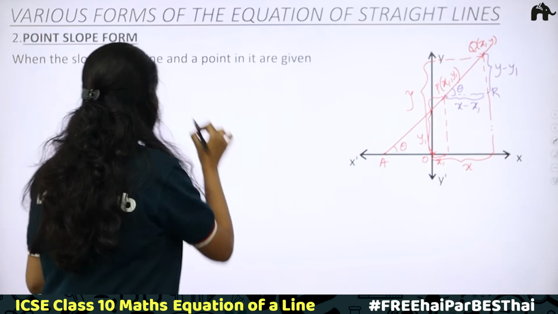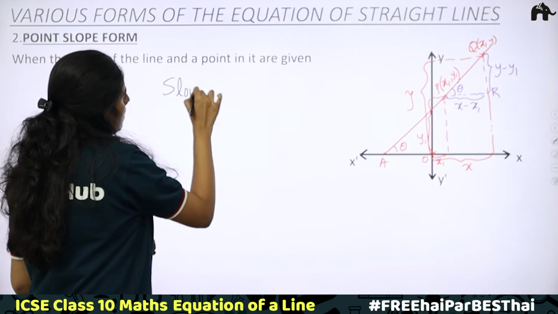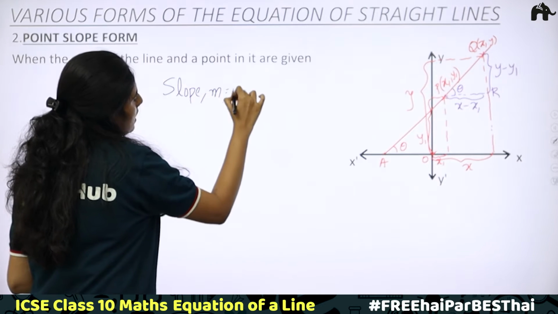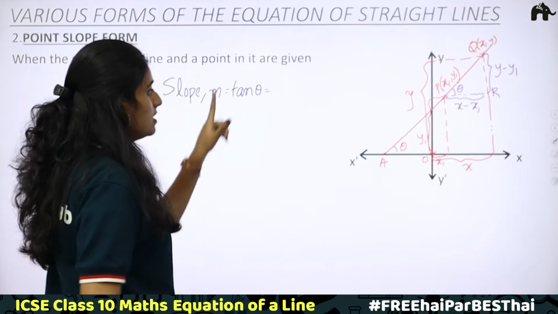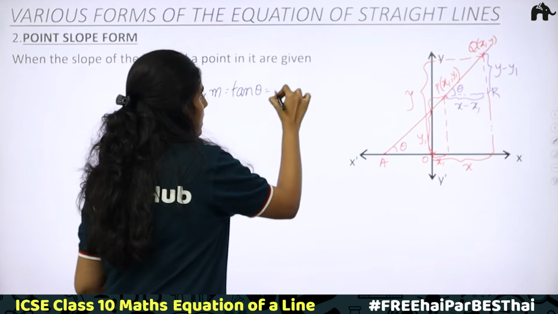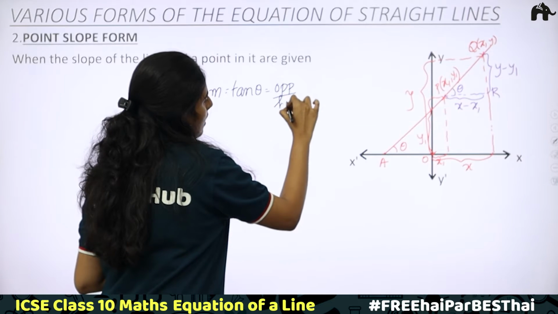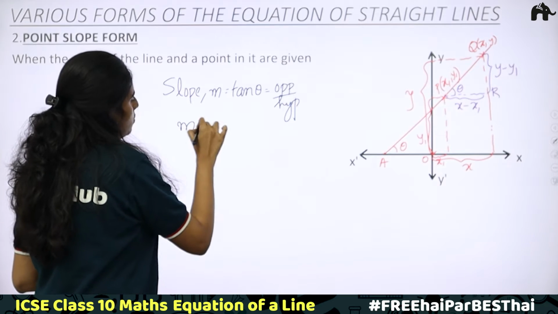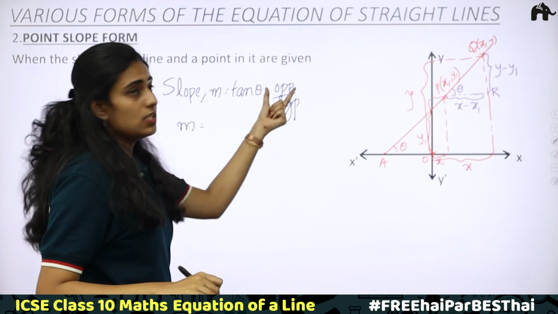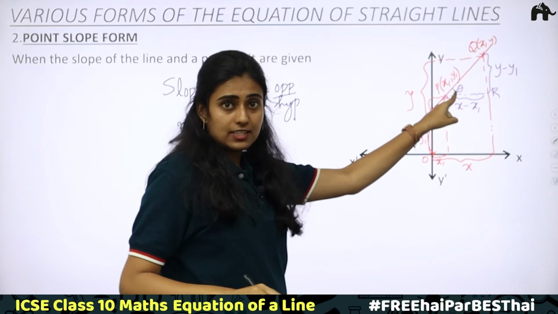Now we have slope m equal to tan theta. What is tan theta? Opposite side divided by adjacent side. Here we have angle theta.